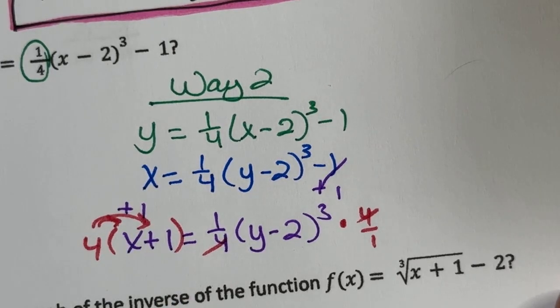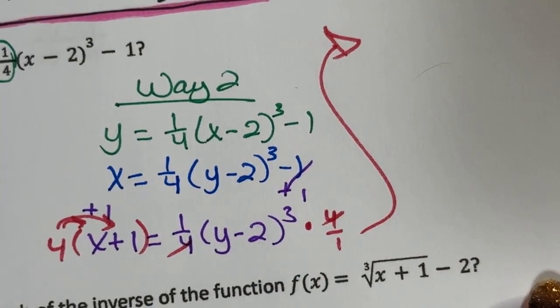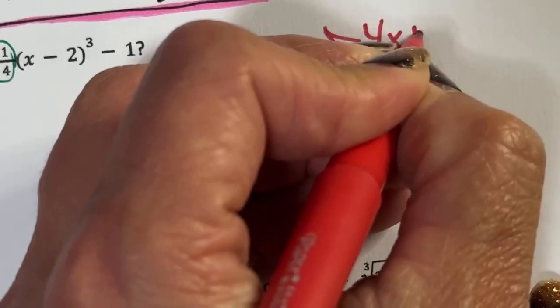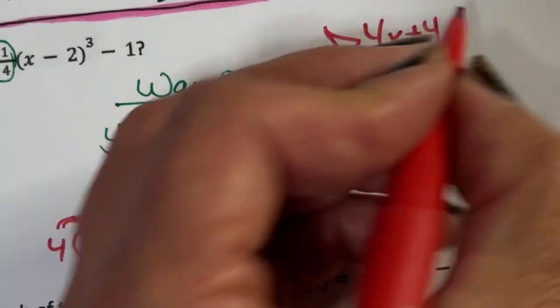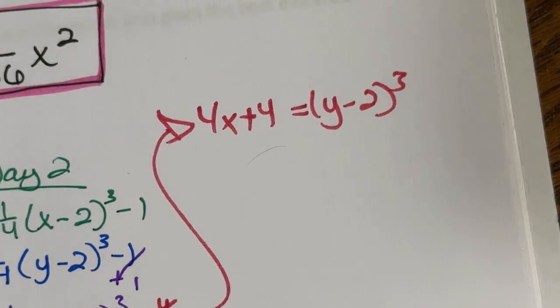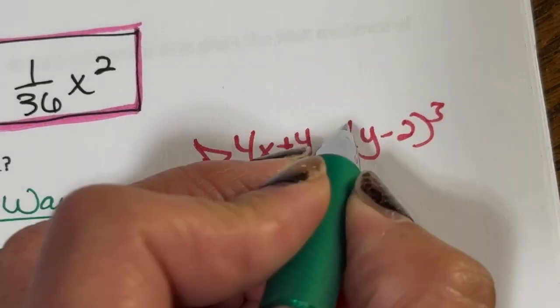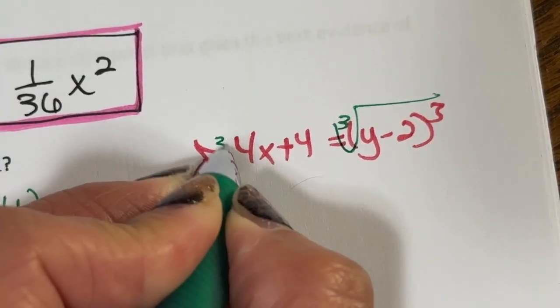So we do need to distribute that. I'm going to rewrite this line up here. So I'm going to have 4 times x is a 4x. 4 times 1 is a 4. So 4x plus 4 equals y minus 2 quantity cubed. Okay, and now I can finally get the cube to go away. So I'm going to have to take a cubed root on both sides.